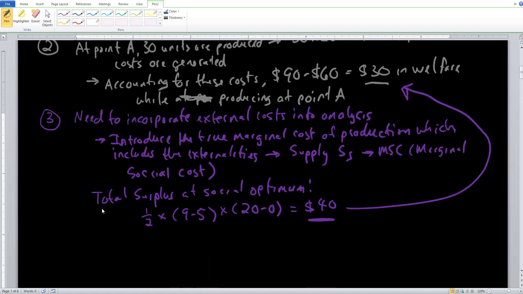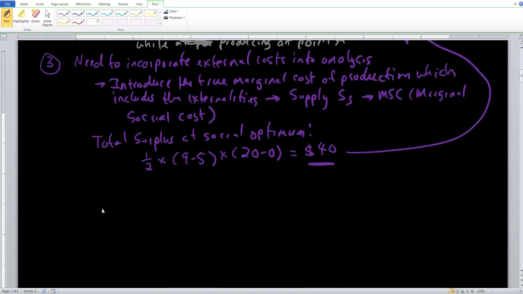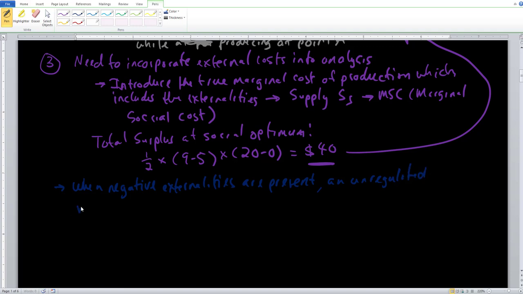So the last thing that we can make a note of is exactly that within these negative externalities. Whenever negative externalities are present, when we have an unregulated market, the market will produce too much of the good at too low of a price.